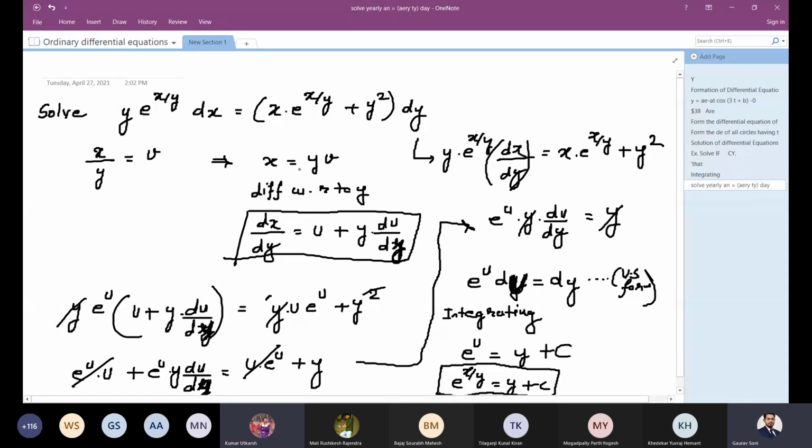I can differentiate with respect to x also, but if I differentiate with respect to x, what I will get is 1 is equal to dy by dx into u plus y into du by dx.